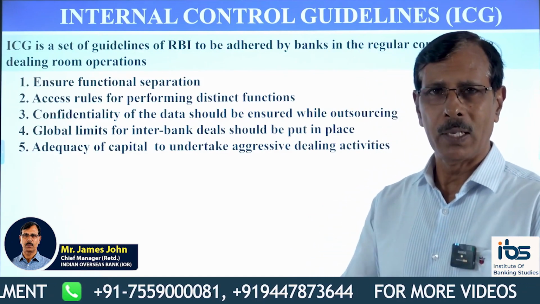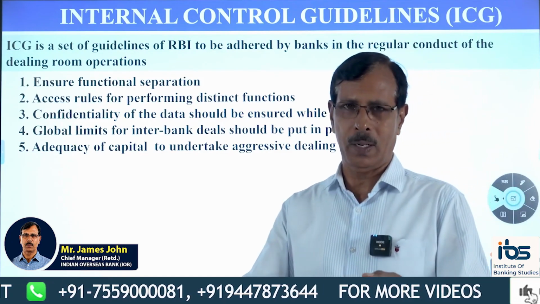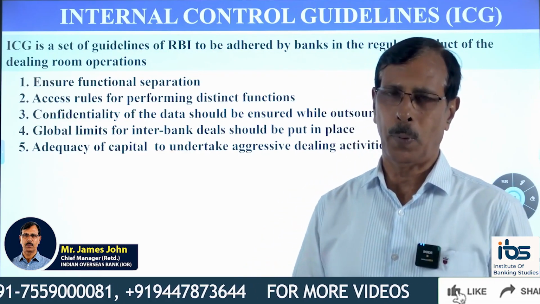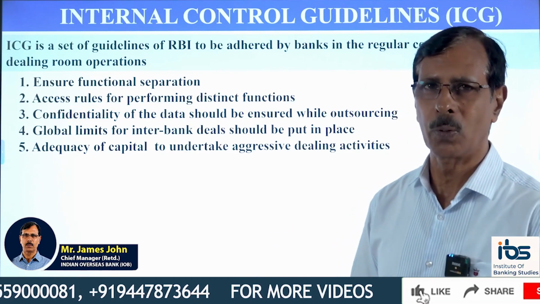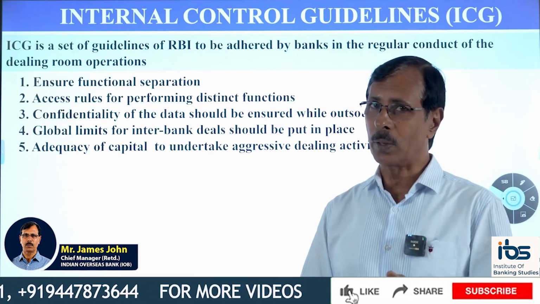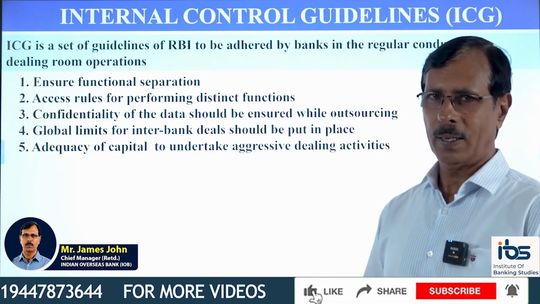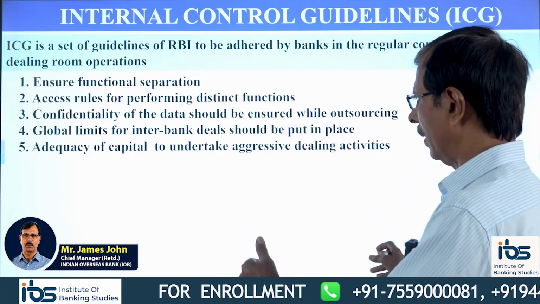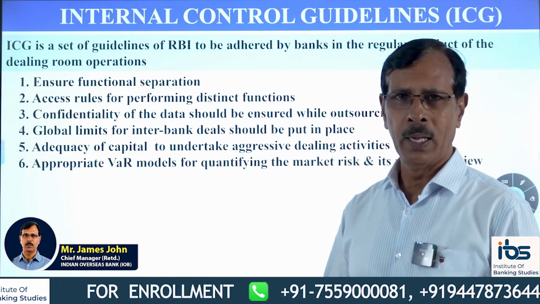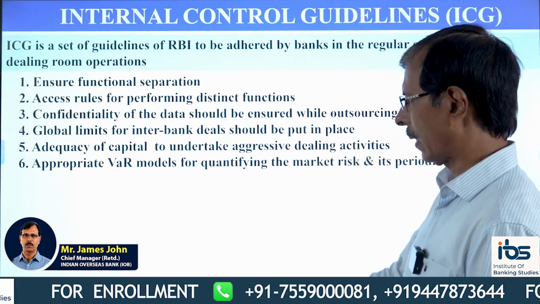And therefore, within the permitted guidelines and within the permitted operations, they have to make the profit. So for making profit, they have to do the trading transaction. While doing the trading transaction, they have to look into the capital adequacy also. And the maintenance of the capital adequacy has to be looked into while doing the dealing room operations.